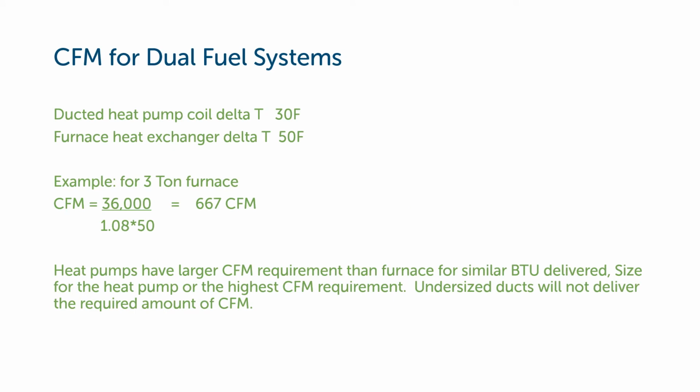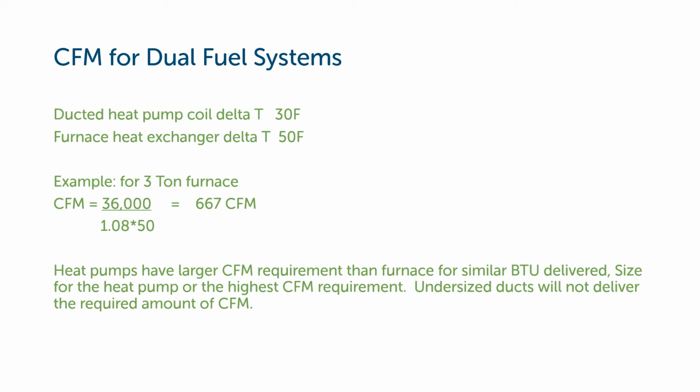This comes into play when we're trying to calculate the CFM for a dual fuel system. Again, a ducted heat pump is going to have a delta T across the coil of 30 degrees, and the heat exchanger on a furnace might have a delta T of something like 50 degrees. If we do the math with the same 3-ton example for the furnace, we're going to need 667 CFM.